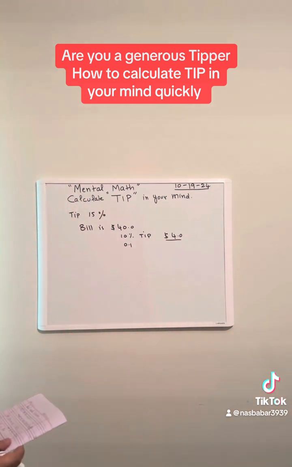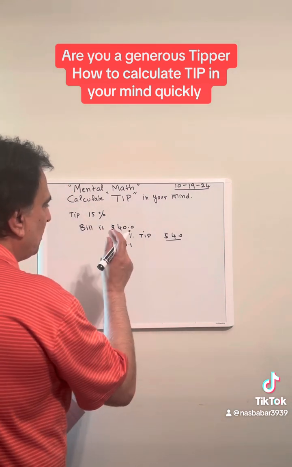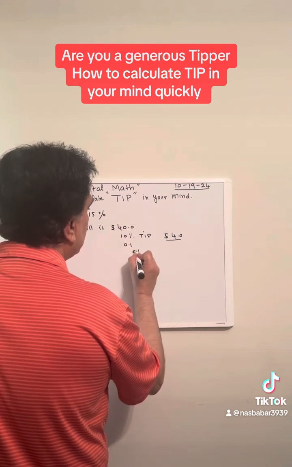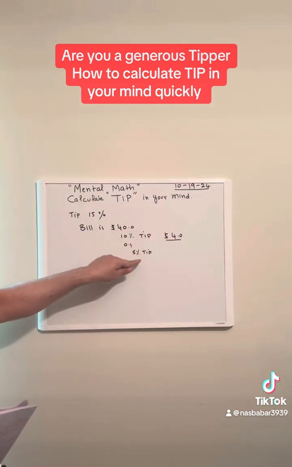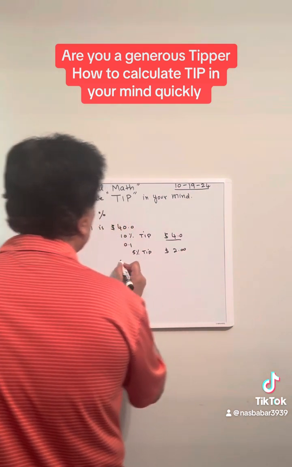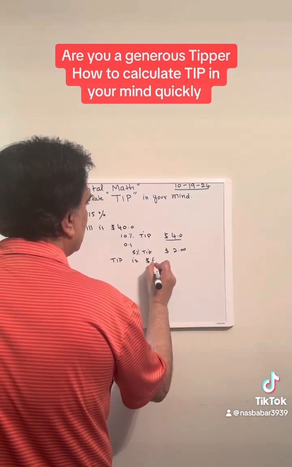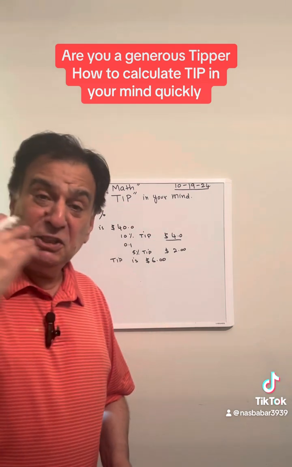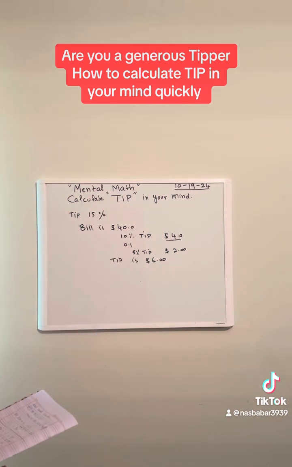Now for 15%, you've got to calculate 5%, which would be half of this $4 because 10% is $4. 5% tip would be $2. So then you have $2. Then you can say your tip is $6. So how's that? You can do it in your head. It will keep your mind sharp also.